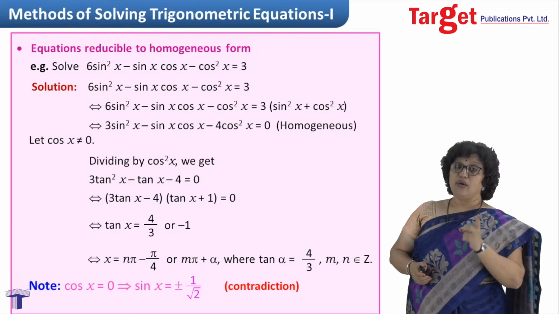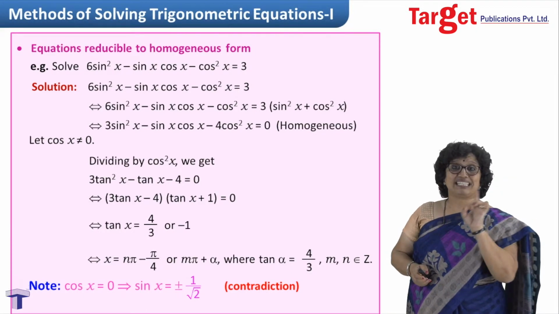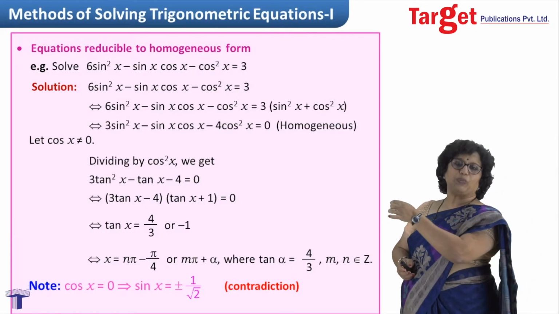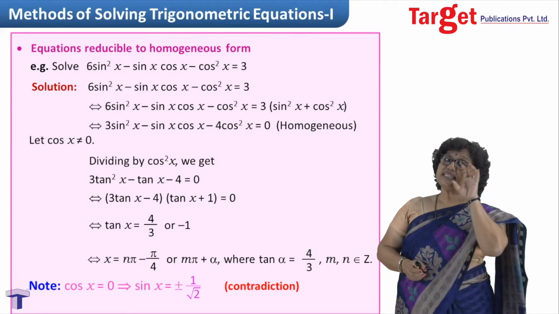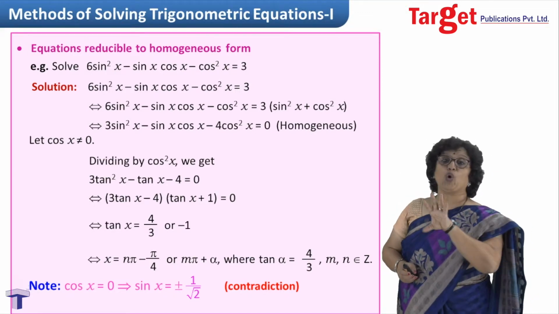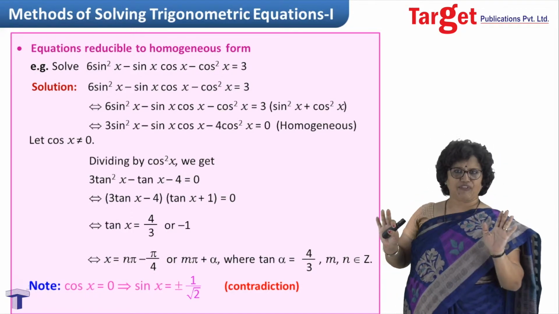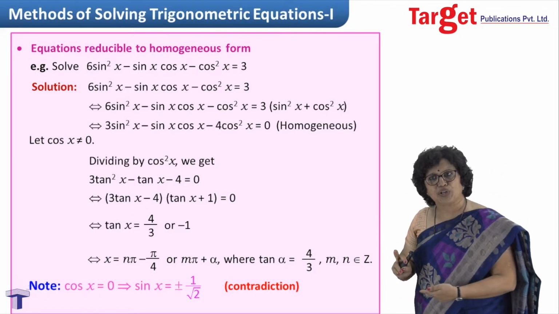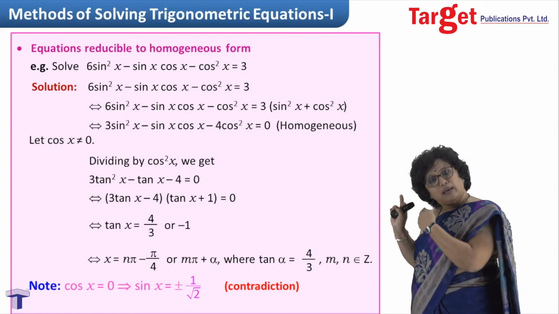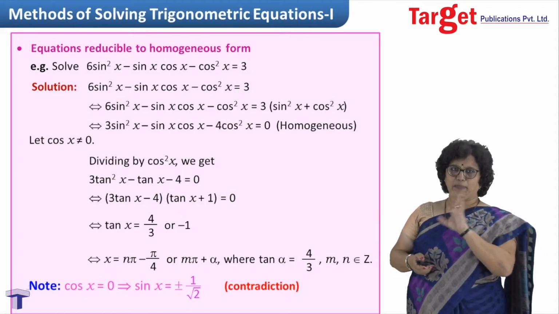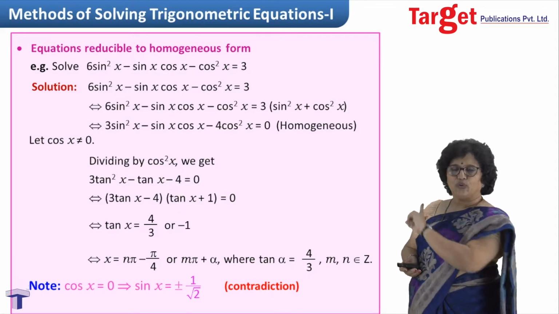Mind you, whenever cos x is 0, sin x is never plus minus 1 by root 2. So, sin x equal to plus minus 1 by root 2 contradicts the statement cos x equal to 0. So, this case we will not be taking. And my final solution would be x equal to n pi minus pi by 4 and m pi plus alpha, where tan alpha is 4 by 3.